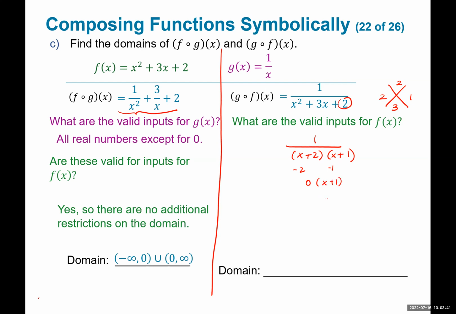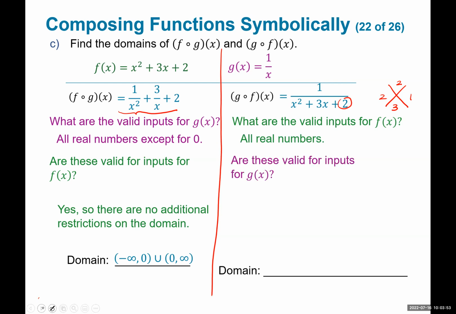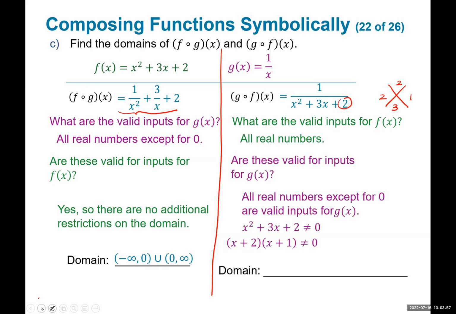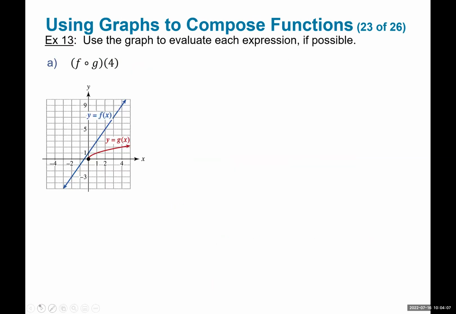It can't be -1 because we have 0. And anything times 0 again is still 0. So x cannot be -2 or -1. So x cannot be -2. x cannot be -1. So you see they have different domains.